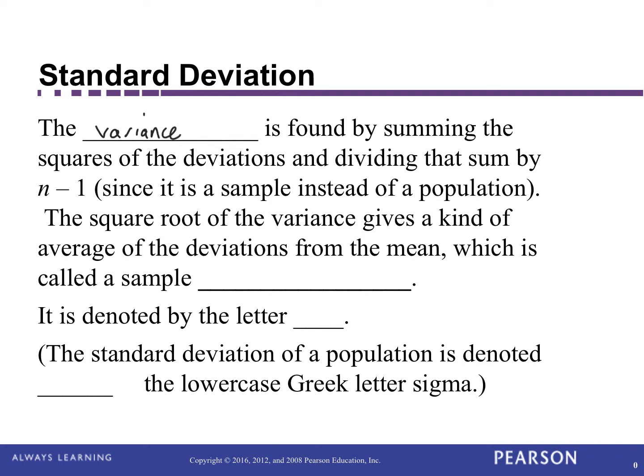The variance is found by summing the squares of the deviations and dividing that sum by n minus 1, since it's a sample instead of a population. The square root of the variance gives a kind of average of the deviations from the mean, which is called a sample standard deviation.